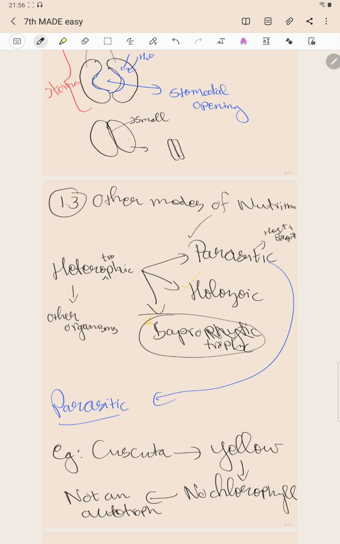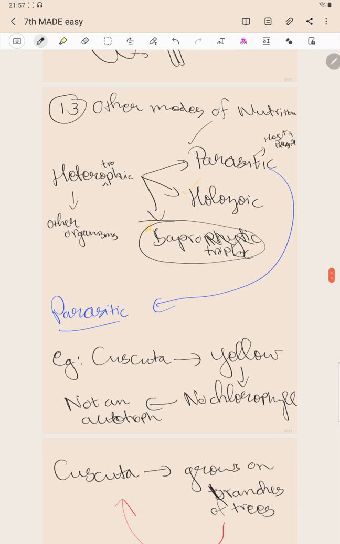Holozoic nutrition is seen in insectivorous plants, where the plants eat insects to obtain the nutrients which are deficient in the soil. Saprotrophic nutrition, for example in fungi, eats dead and decaying matter. So that's the main difference: parasitic nutrition obtains food from a living host, saprotrophic nutrition obtains it from dead and decaying matter.